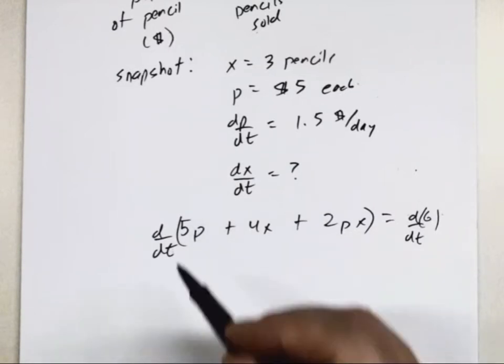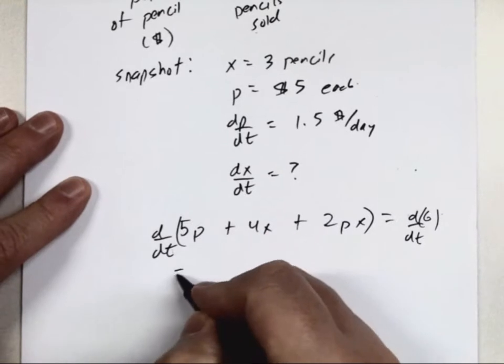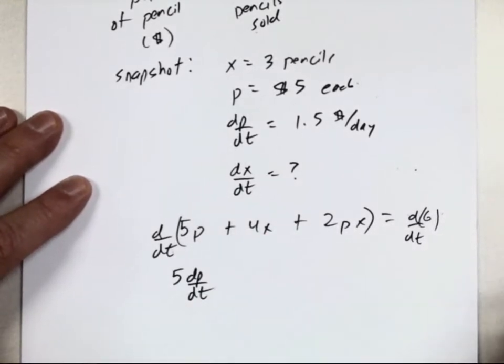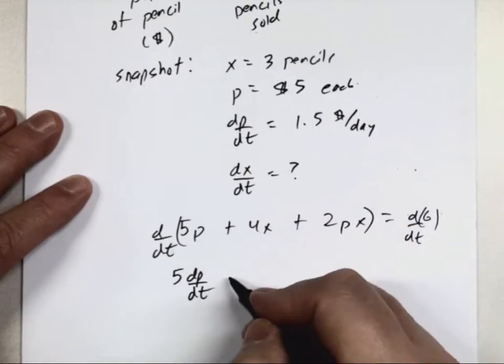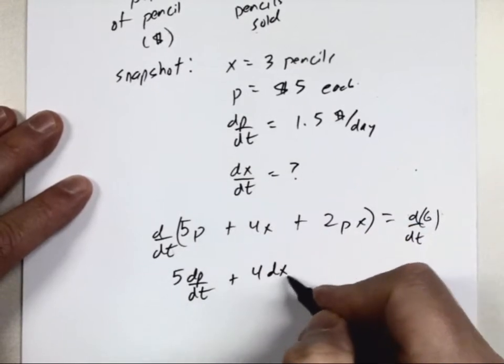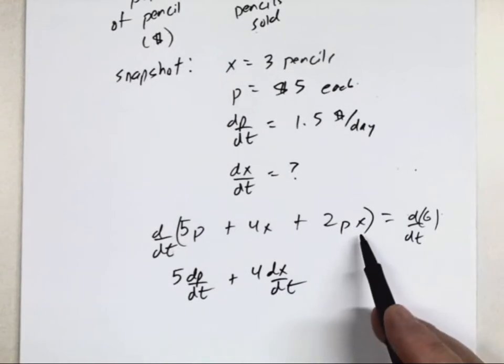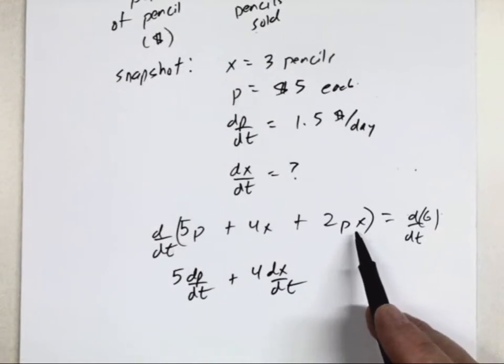So for instance, the derivative of 5p is going to be 5 dp/dt. The derivative of 4x is 4 dx/dt. Now this was a little trickier because I'm taking the derivative of p times x.